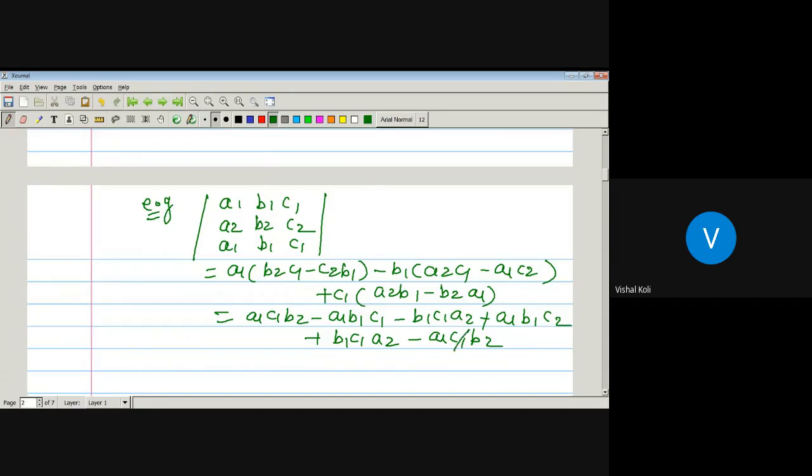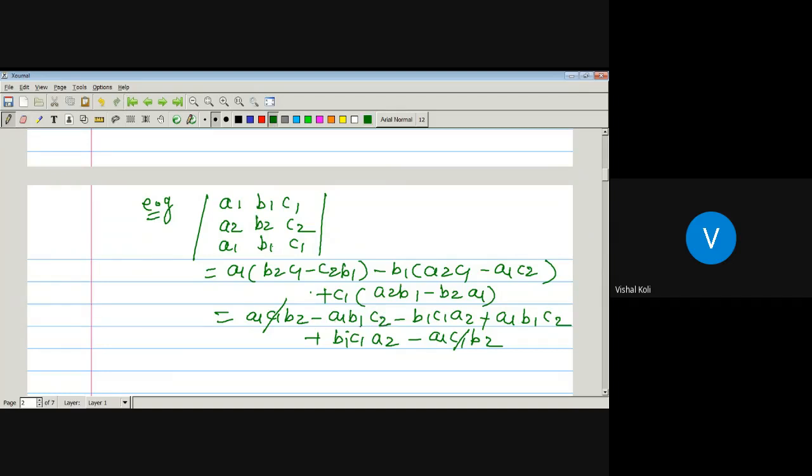Here a1 c1 b2 and minus a1 c1 b2 get cancelled, and a1 b1 c2 cancels as well.